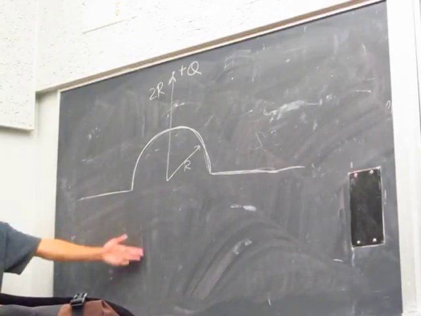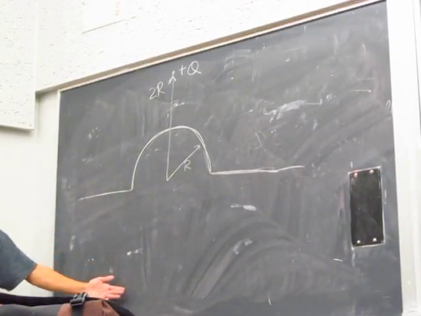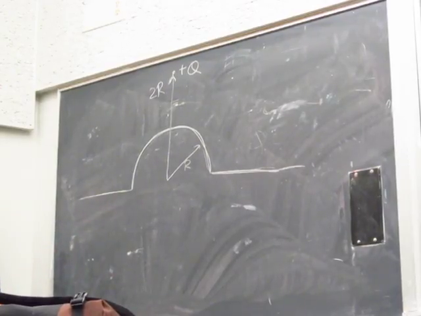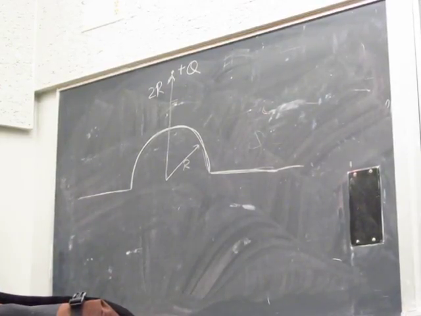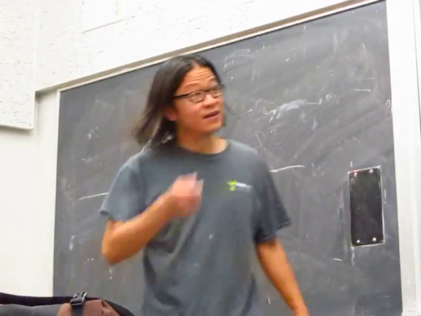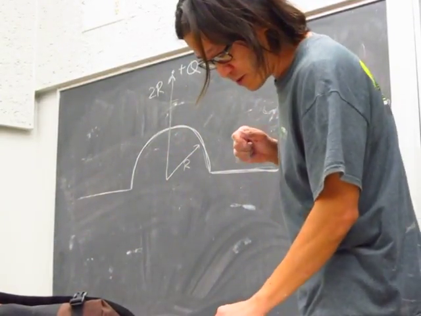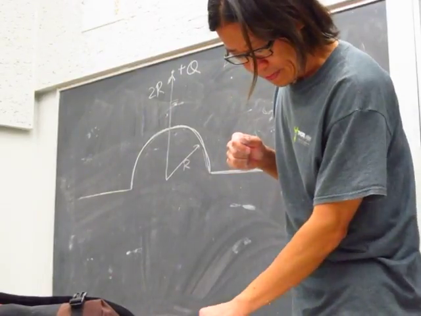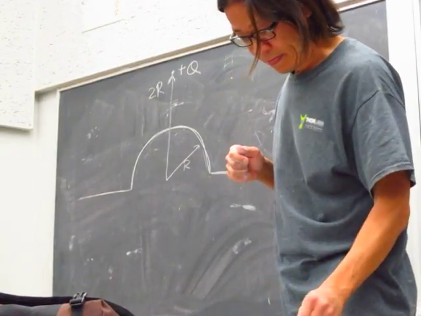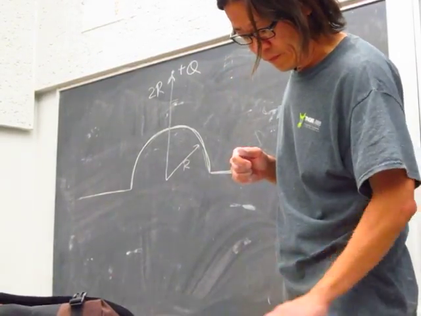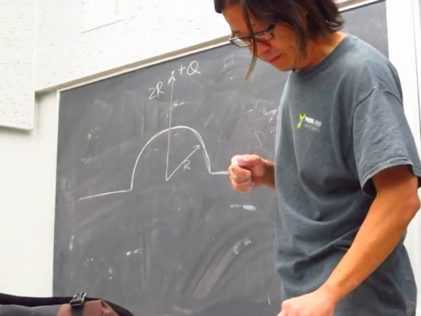All you need to do is find the image charge, because once you find the image charge, you know the charge distribution. So how do we do this problem? There would be an image charge on the inside, right?